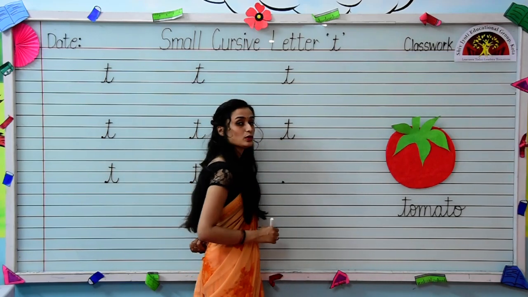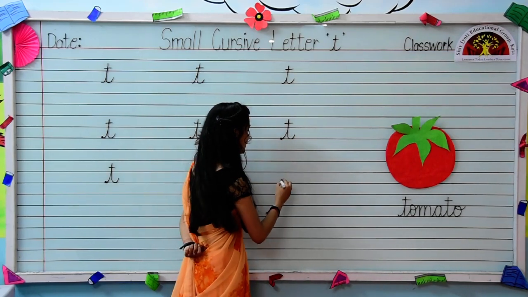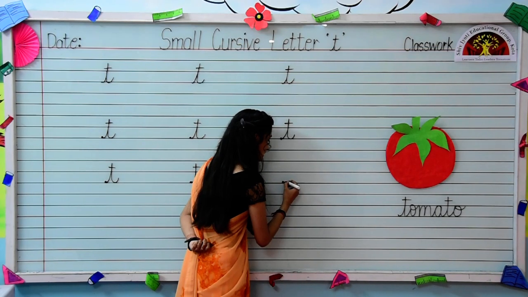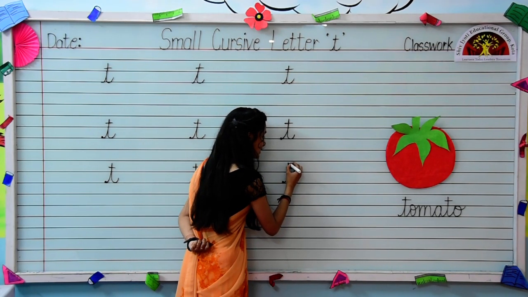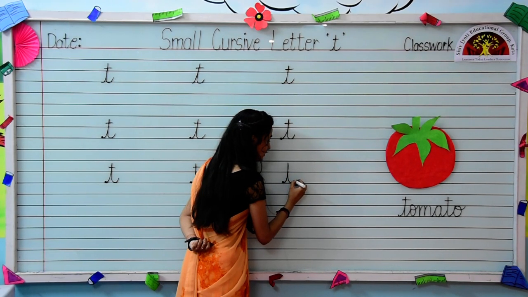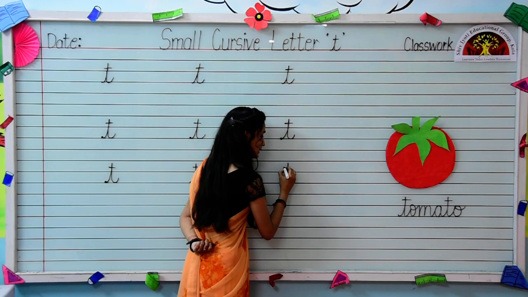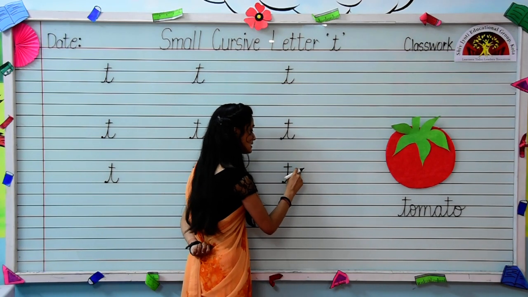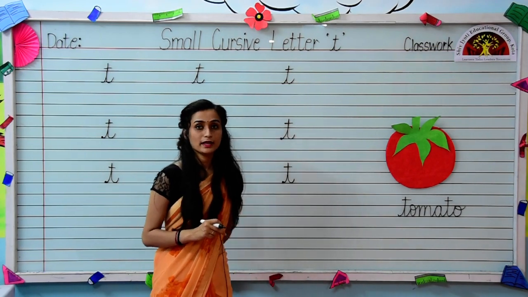For the last time, look over here and be very careful while writing. Slanting line up, do not touch the first line, come down, then make a curve touching the third line. Then a sleeping line between the first and the second line like this. Very nice, kids.